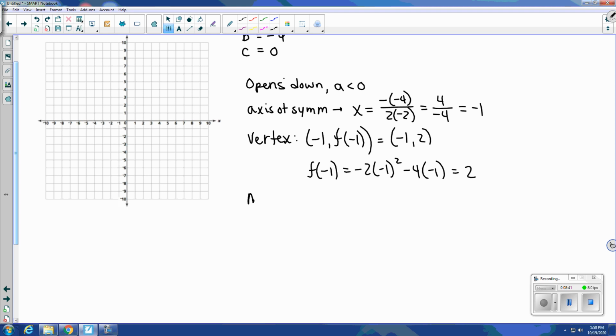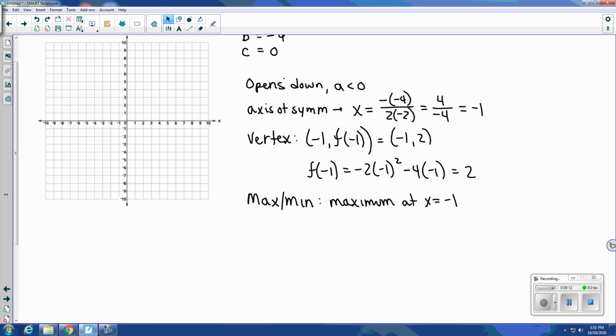Do we have a max or a min? In this case, because it opens down, we're going to have a maximum at x equals negative 1. Because again, the location is the x coordinate of our vertex, and the value of the max or minimum of the function is whatever the y coordinate for that vertex is.